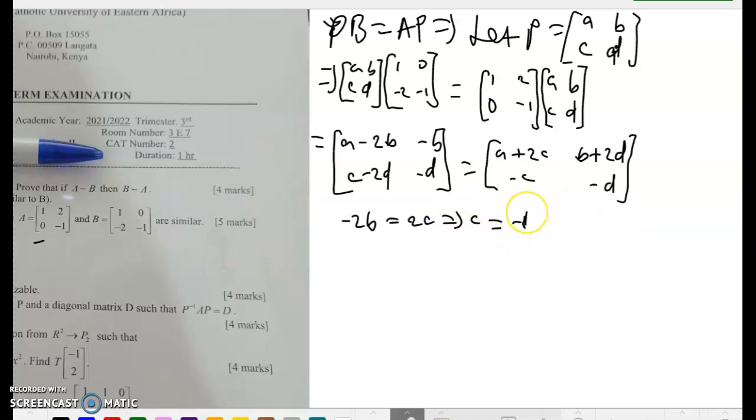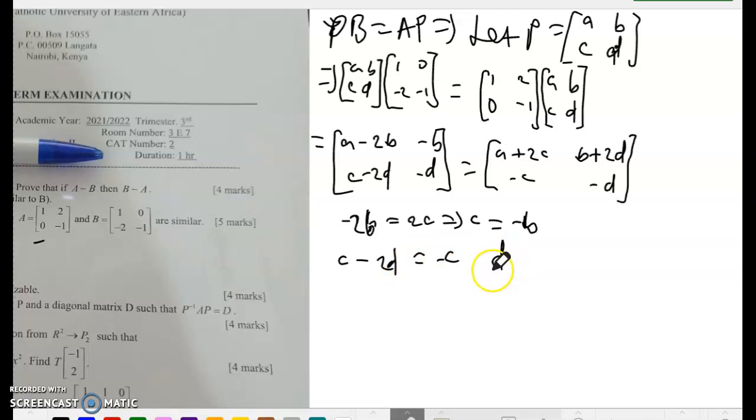Our c is going to be equal to negative b. And then we will have c, in this case, equal to negative 2b. Let's have c minus 2d equal to negative c.